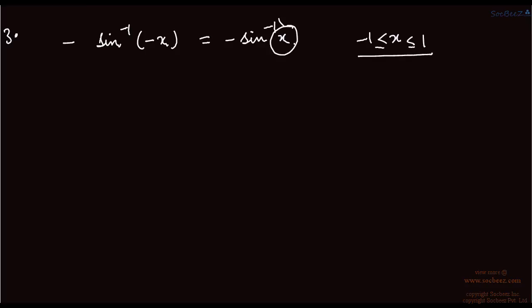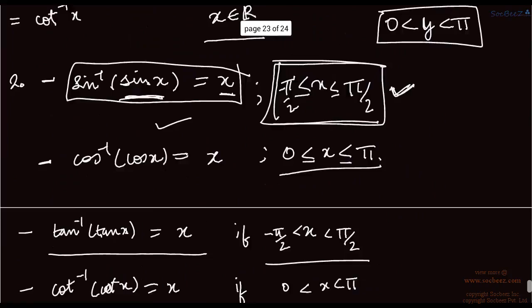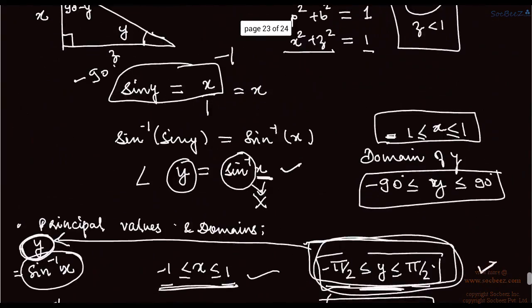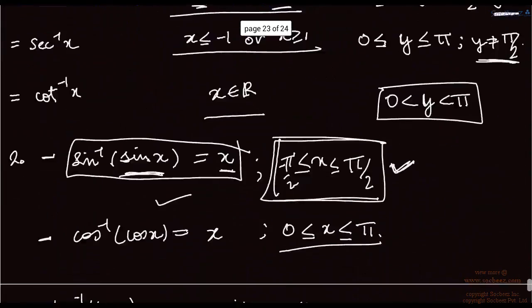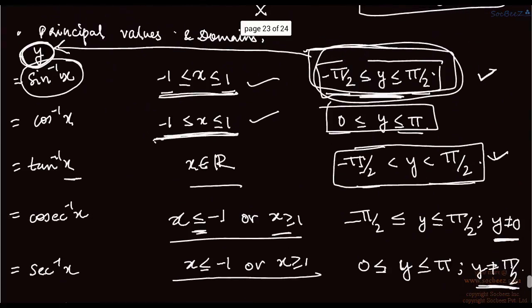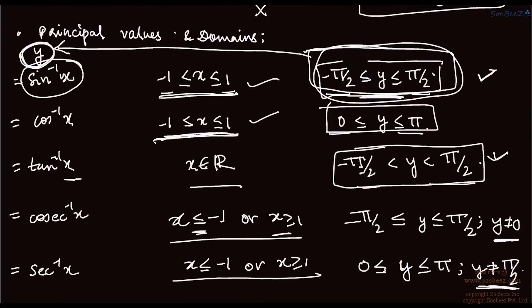Because now you are dealing with sine inverse of x, so x will follow the original domain. The original domain was minus 1 to 1. Original domain for cos is also minus 1 to 1, so both will be the same, cos inverse x and sine inverse x.